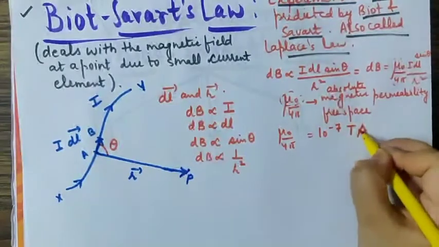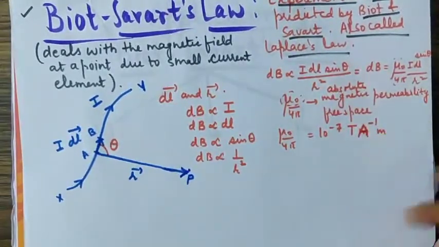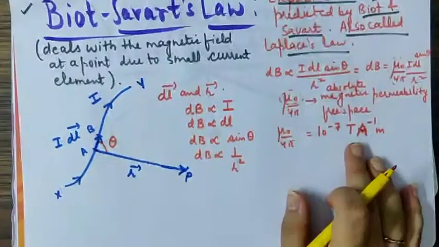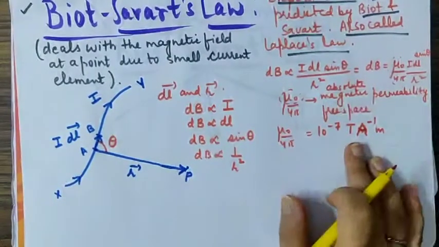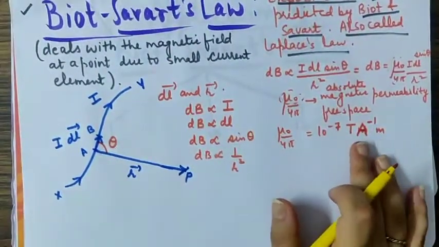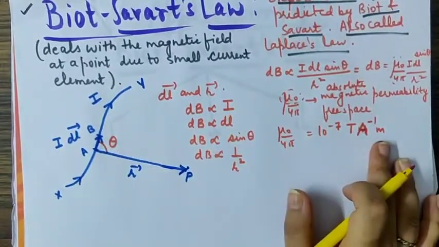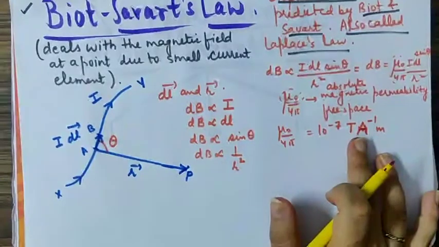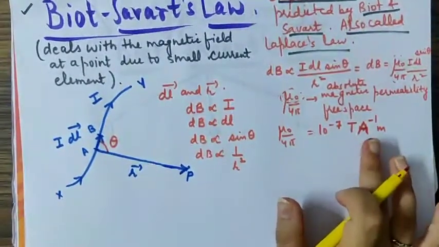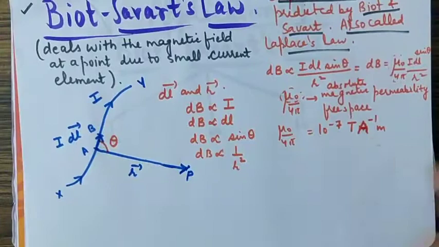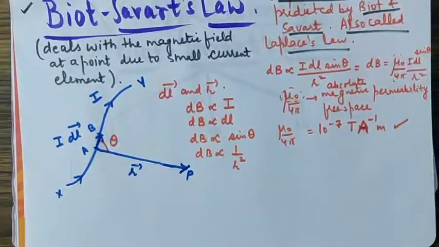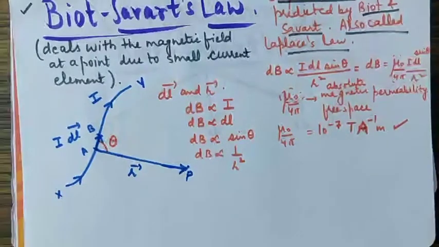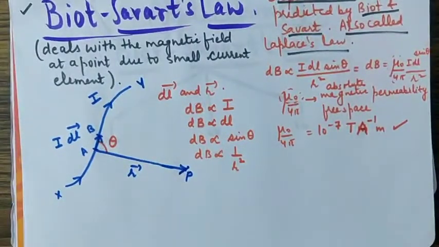I should write ampere inverse first and then meter, because a small letter written first can become a prefix like milli. So write ampere first and then meter, because if you write it first it becomes a prefix, and small m is milli while we are saying meter. So this is the value of mu naught over 4 pi. It's a constant, its value is 10 to the power minus 7 in magnetism.